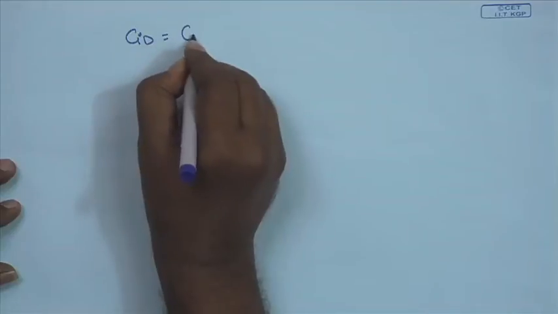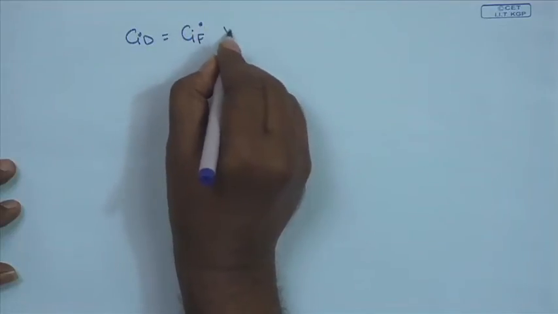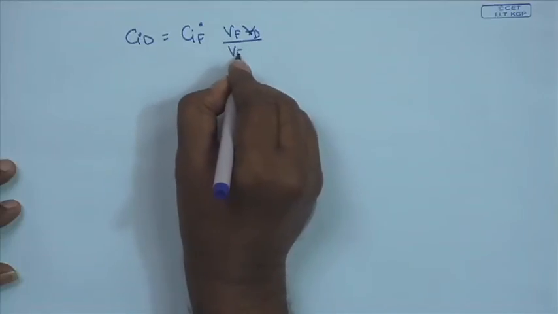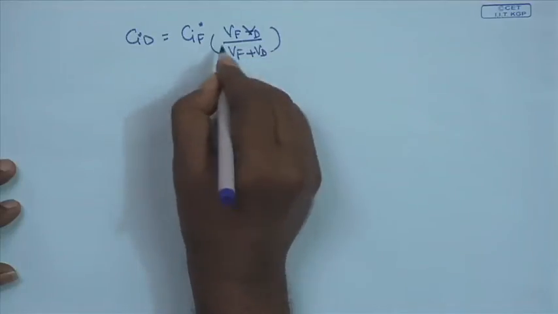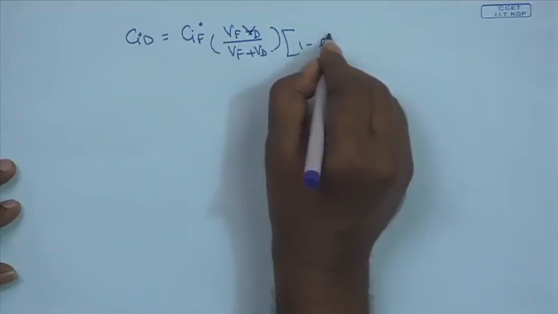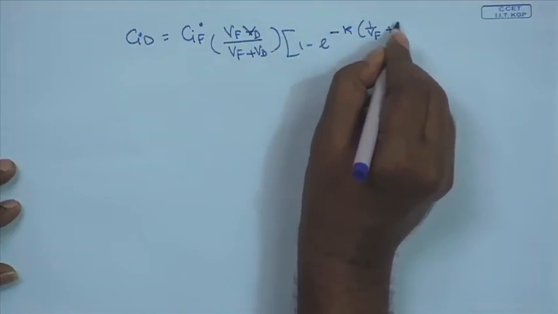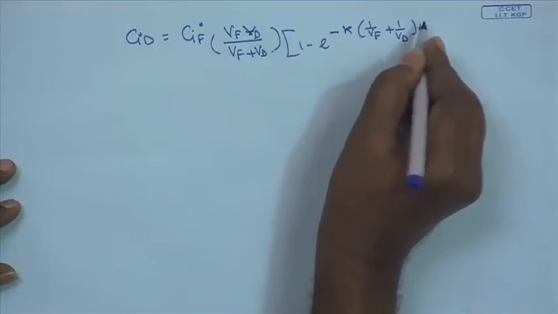If you do that, this becomes CId equal to CIf0 · VfVd/(Vf + Vd) times (1 − exp(−k(1/Vf + 1/Vd)t)).